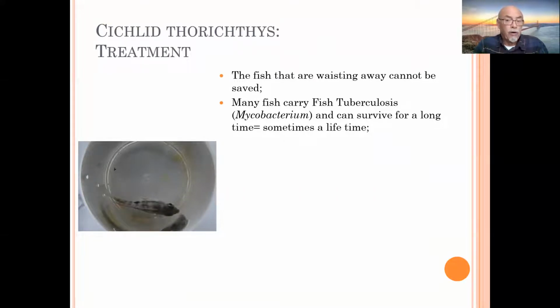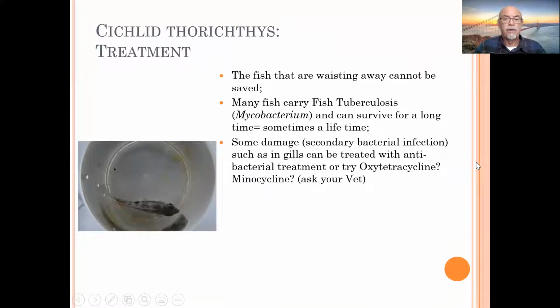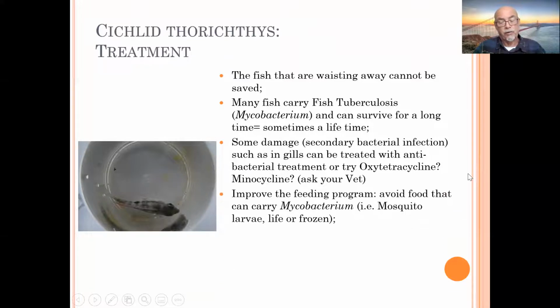You don't know how long, but sometimes for a lifetime, except those which really have bad organs and bad gills. Some of the secondary infections, like the bacteria that cause the gill damage, we can try to treat with an antibacterial treatment, or you can try antibiotics like oxytetracycline, minocycline. You can ask your vet for some help at this stage because those are prescribed medications.